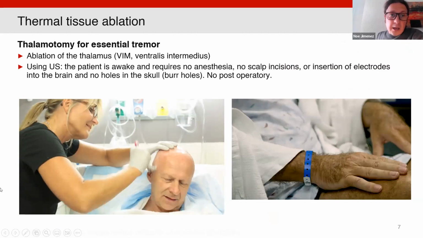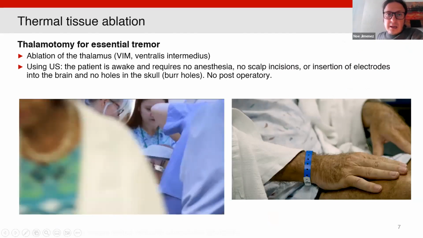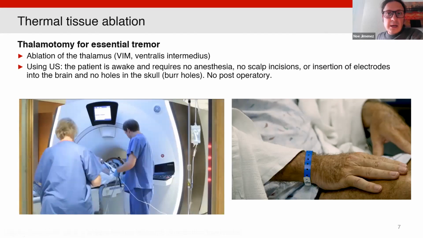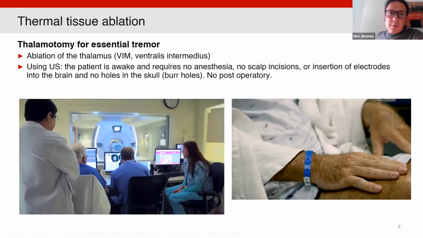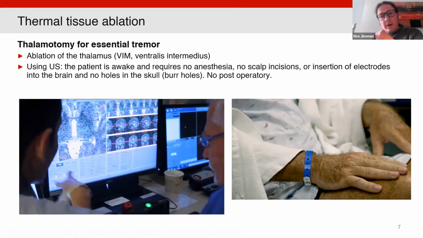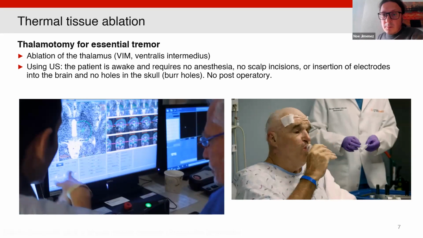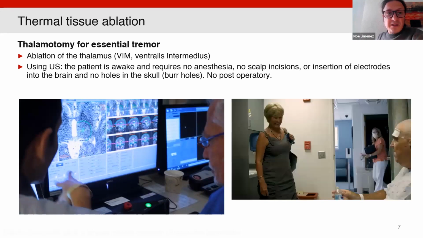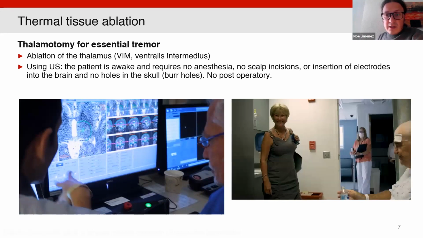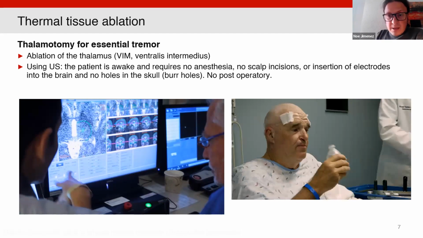So the patient is awake during the treatment. He doesn't need any anesthesia, no incisions, not even boreholes, which are other holes that you need to open in order to compensate the pressure when you insert the electrode. And when the treatment finishes, the patient can actually go home, and the movement disorder is completely reestablished.